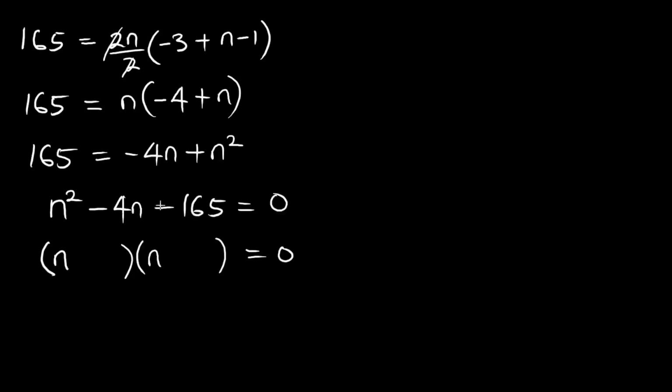When they multiply, take note of this sign, it is negative. So those two factors are going to have different signs. And since b here is negative, that means the bigger number is going to be negative. You can go through all the factors. Since this number ends with 5, I think I've seen the factors. 165, I think that's 15 times 11, right, will give us 165.